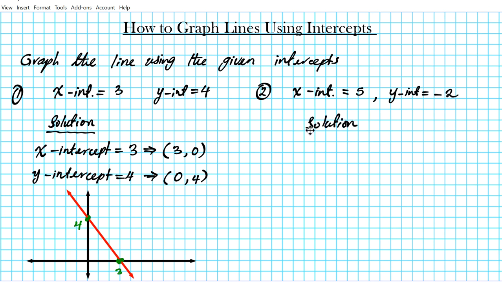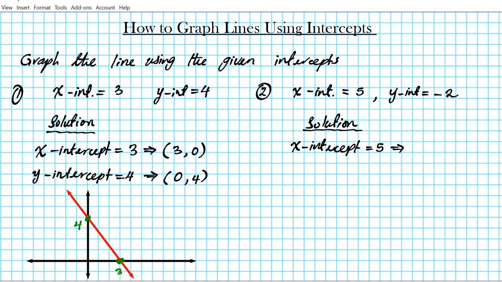Now we're going to use the definition of what intercepts are to write down the coordinate representation of the information we have here. So the x-intercept equals 5 means the line cuts the graph at 5 on the x-axis.